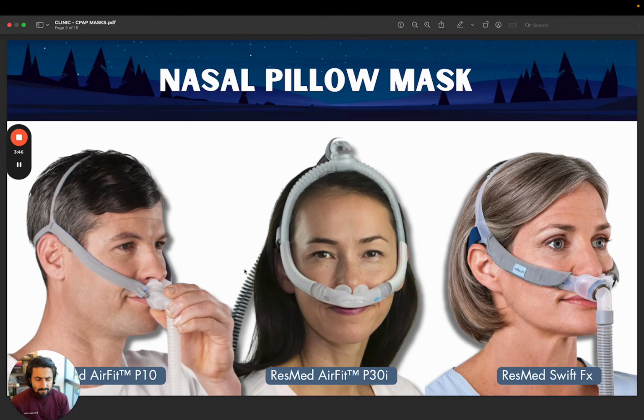So again, we have to try them to see which one you feel comfortable with. In my anecdotal experience, people will typically go through 2 to 4 different masks before they find one that they actually feel is a good mask to use for a long-term solution. So this is a nasal pillow mask. It goes inside the nose, and again, you can see the hose can either come off the top of the head or the front of the face.